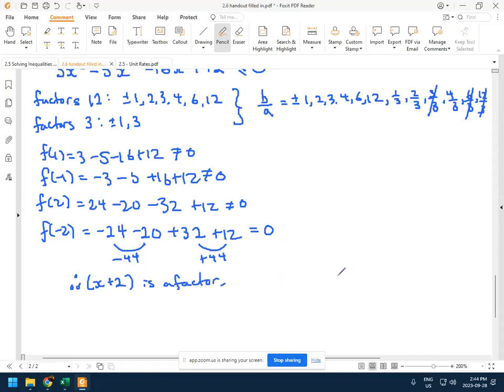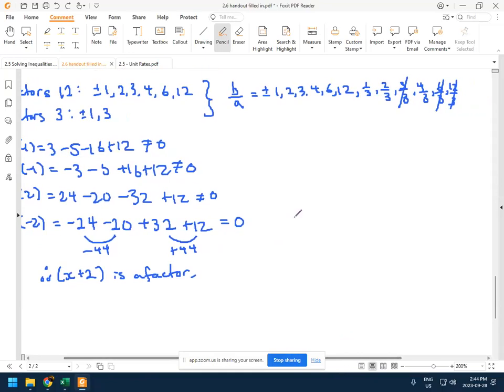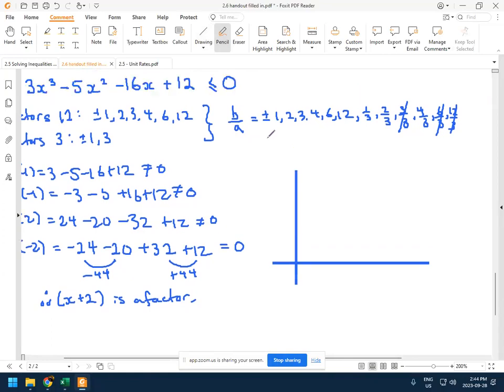Let's do it. From here, if you're still with me or you have enough brain power, I am going to do my synthetic. 3, negative 5, negative 16, and 12. My root is a negative 2.